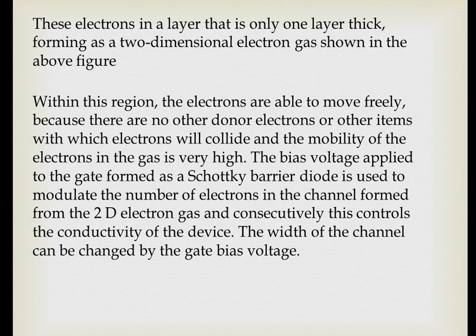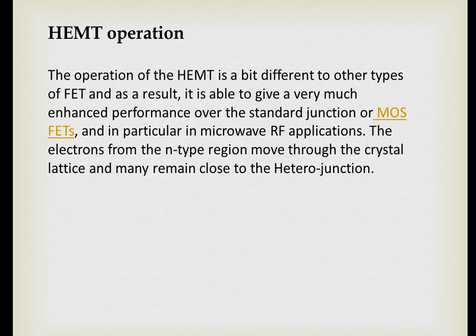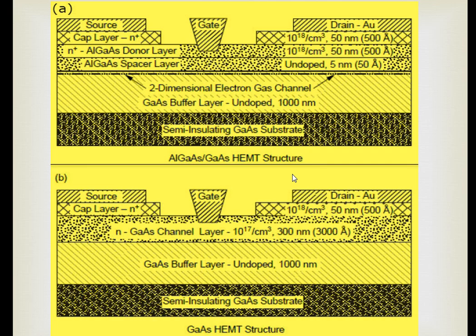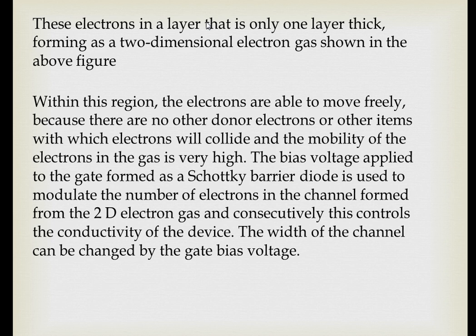So whatever the electrons from the n-type region move through the crystal lattice and may remain close to the heterojunction. So these electrons are in a layer that is only one layer thick, forming the two-dimensional electron gas as shown in the figure.